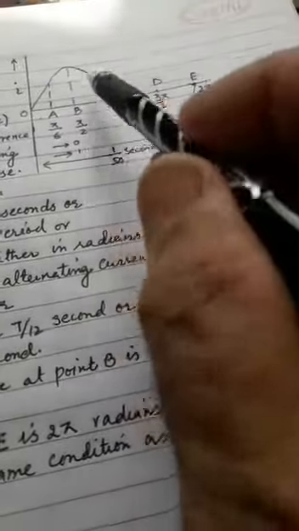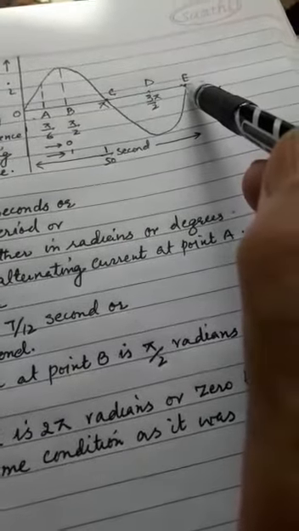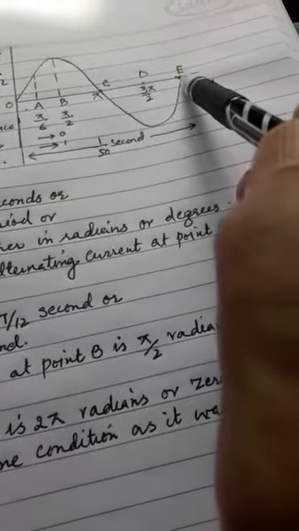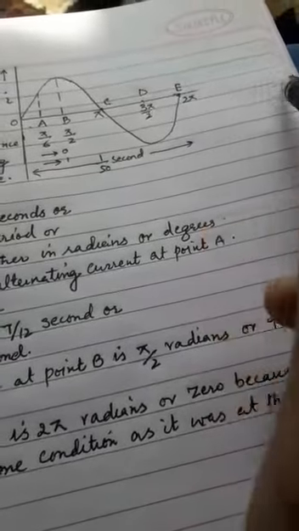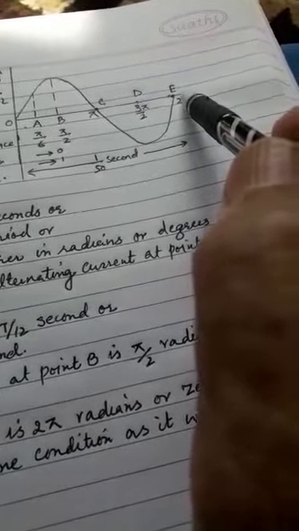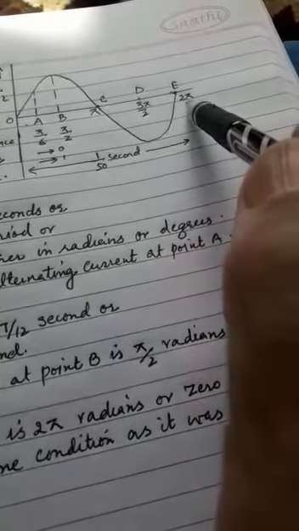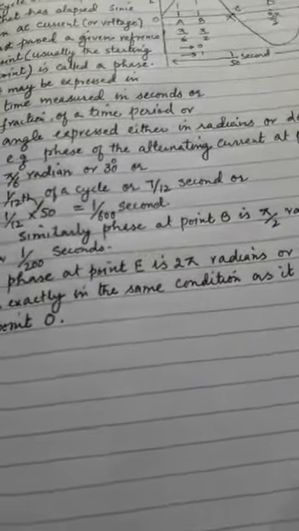Because the cycle is completing its rotation at phase E, and then the next cycle starts here. That's why the time will be 0 here, and the angle subtended will be 360 degrees. So the phase angle 2 pi is equal to 360 degrees, and the time portion will be 0 there.